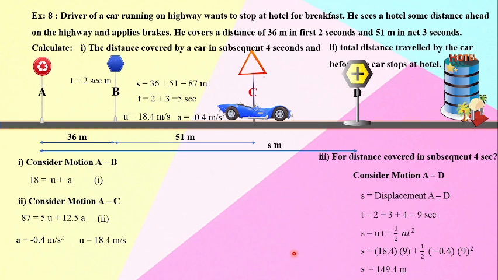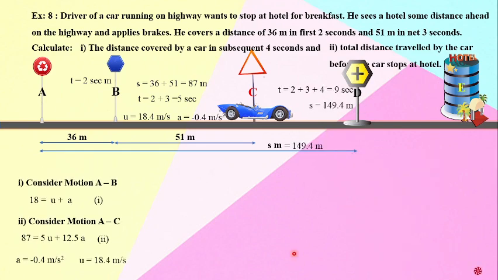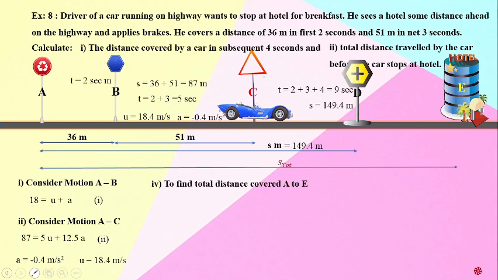So this is the total displacement from A to D. Now again the car has to come to rest near the hotel. Is it okay? So we have to find out the total distance covered from A to E. So that will be s total from A to E. Is it okay? This is the required thing in the next part of this particular problem.